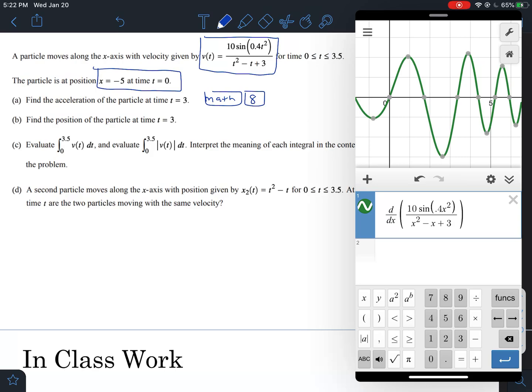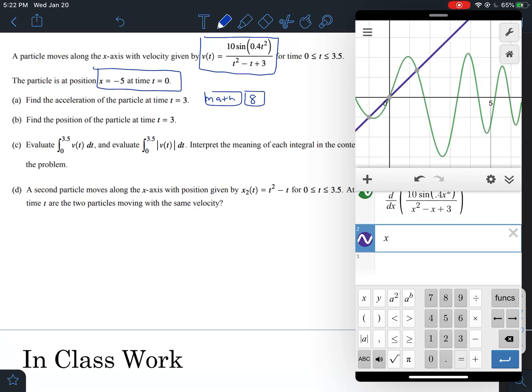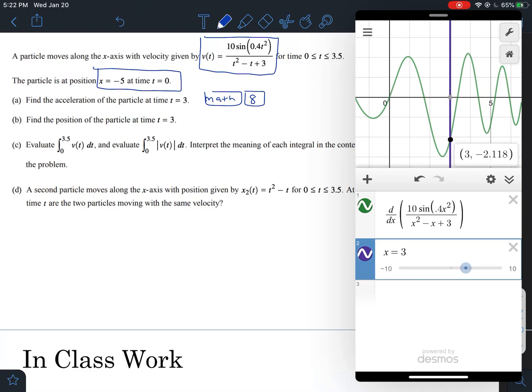And we want to find that when x is equal to 3. So let's type in x equals 3. And so where they intersect is at negative 2.118. So the acceleration of the particle at time equals 3 seconds would be negative 2.118.